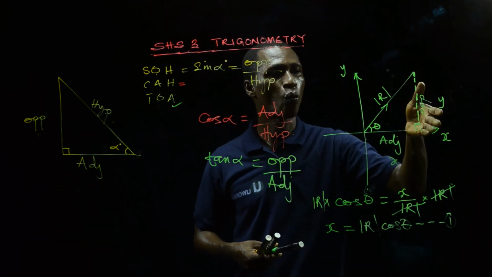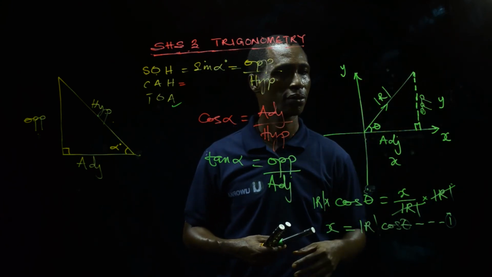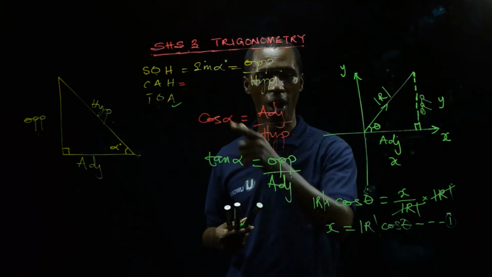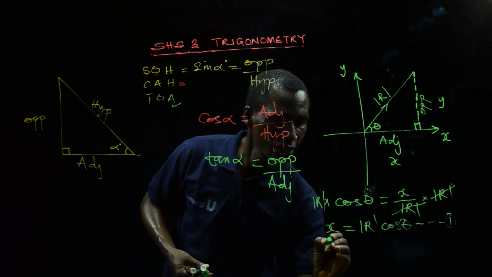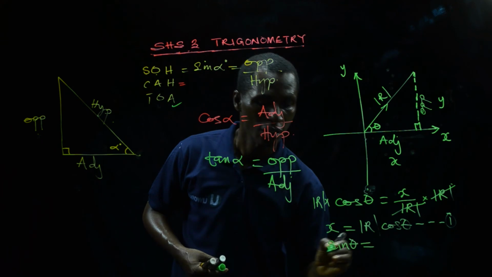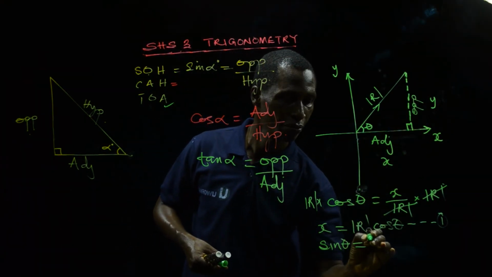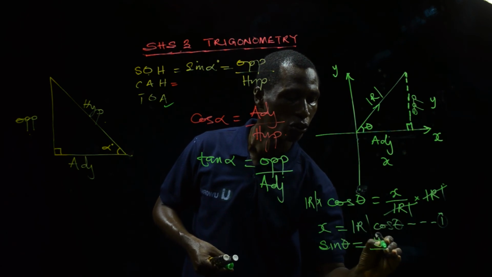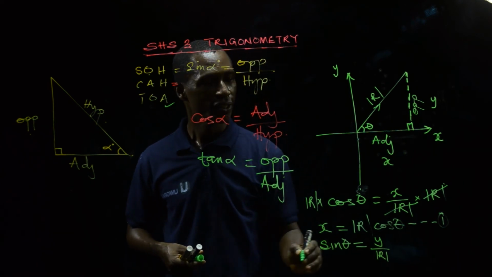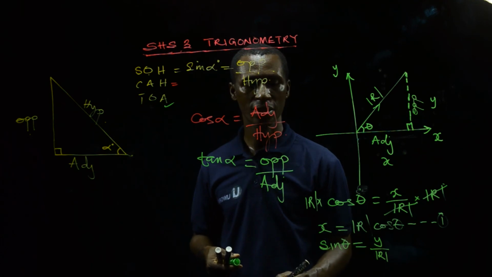How do we get y? Y is facing the acute angle and the hypotenuse. So which law will go with opposite and hypotenuse? SOH. So we say sine theta is equal to opposite, which is y here, on magnitude r. To make y the subject means that the r will come and multiply sine theta.